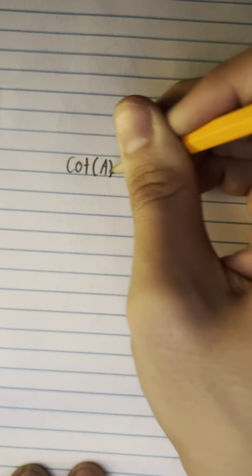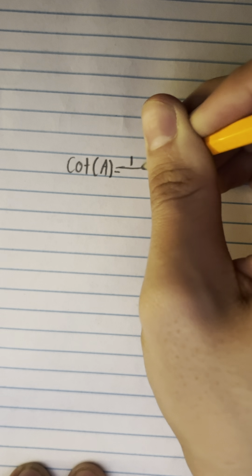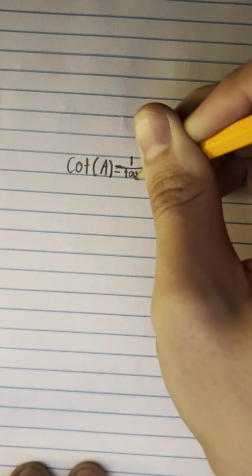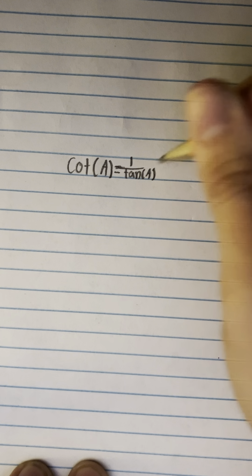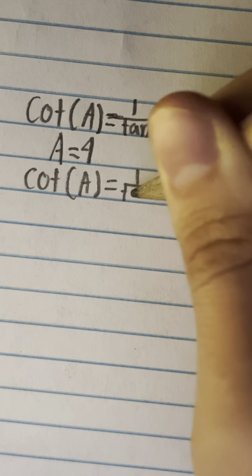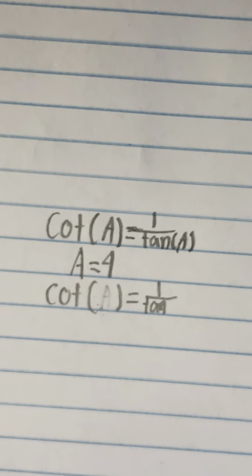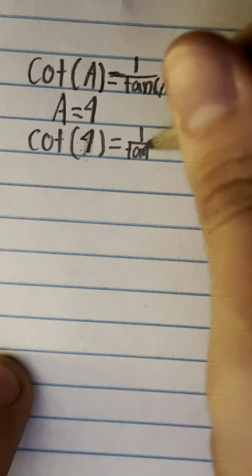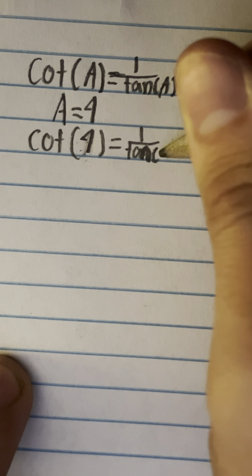Up next we have cotangent. So the cotangent of A is equal to 1 over the tangent of A. Once again, if A equals 4, the cotangent of 4 is equal to 1 over the tangent of 4.